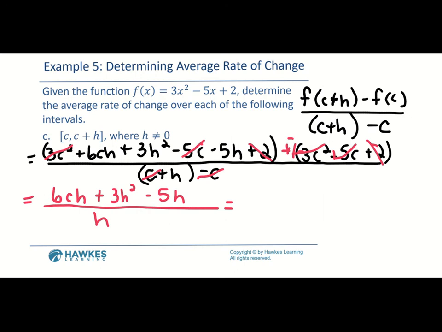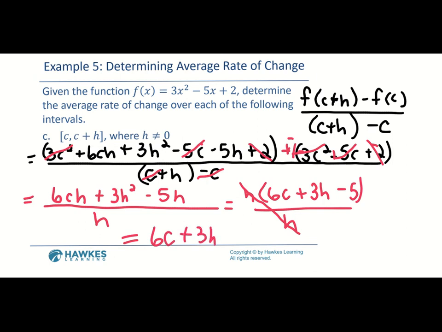So I can make this h times 6c plus 3h minus 5 all over h. But then the nice thing is, because I factored out that h, my h's will cancel. So my final answer here is going to be 6c plus 3h minus 5.